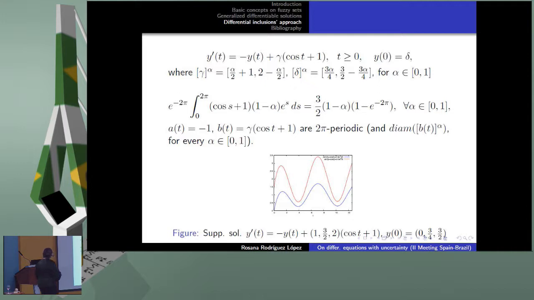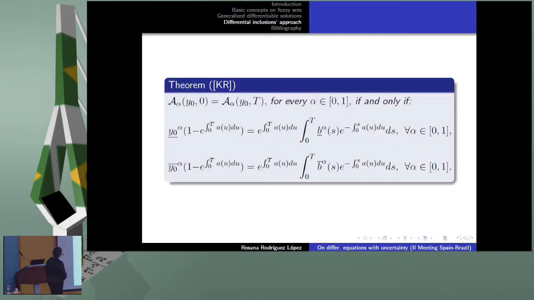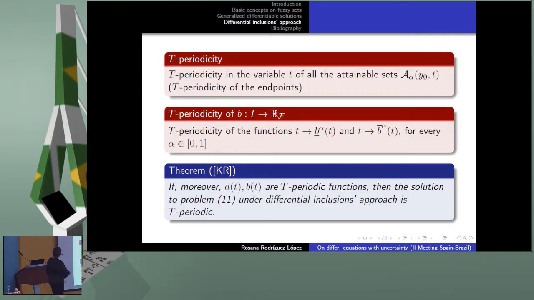I have here some examples where we do not have the periodicity of the solution, only the periodicity of the diameter. But if the coefficients A and B are T-periodic, and we have these relations between the branches of the initial condition and the forcing term, we are able to prove the solution is periodic, much simpler than the other result.